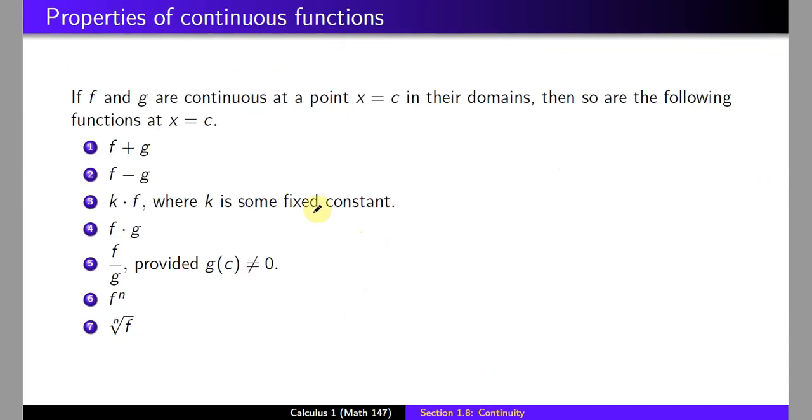Here are some properties that we can use to make determining continuity a little bit easier. So first, well, what are we assuming? Suppose that f and g are both continuous functions at a point x equals c in their domains. Then so are the following functions at that common point x equals c inside of the domain.